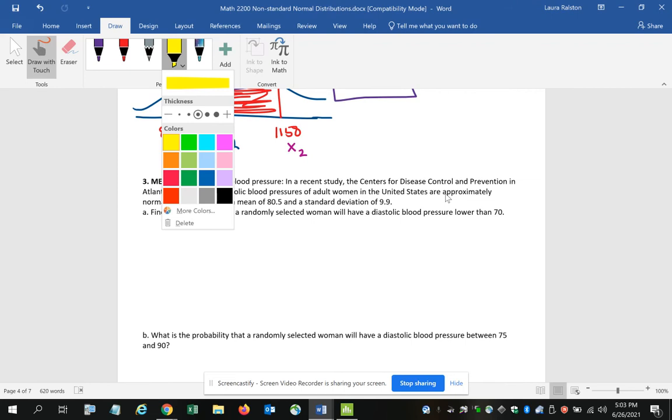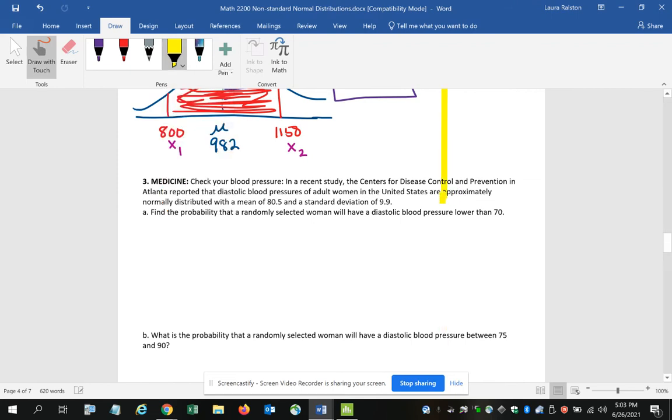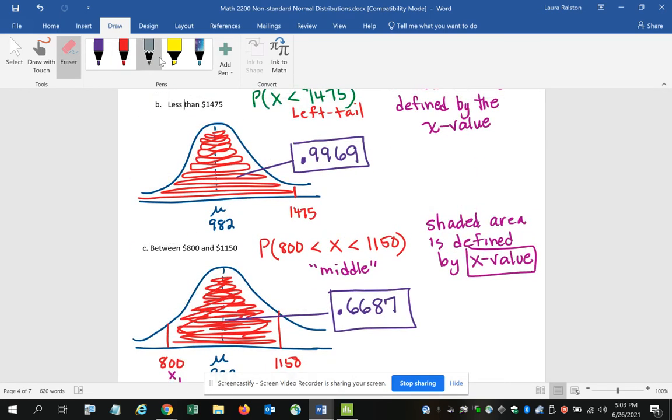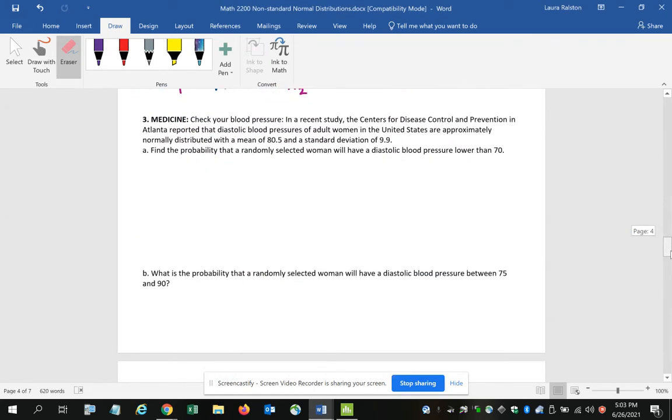So the diastolic blood pressures of women are normally distributed with a mean of 80.5 and a standard deviation of 9.9. You have to know those three things.